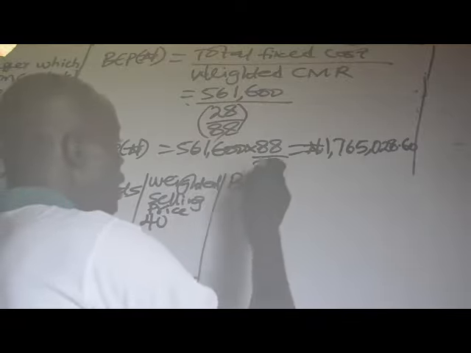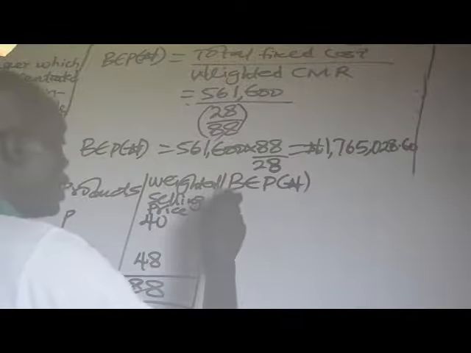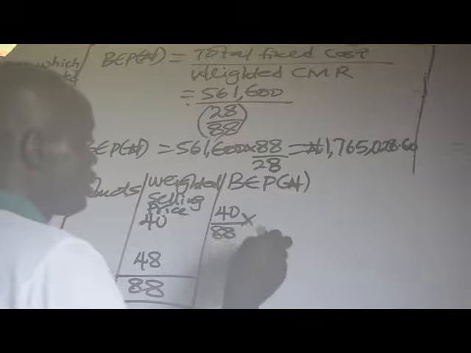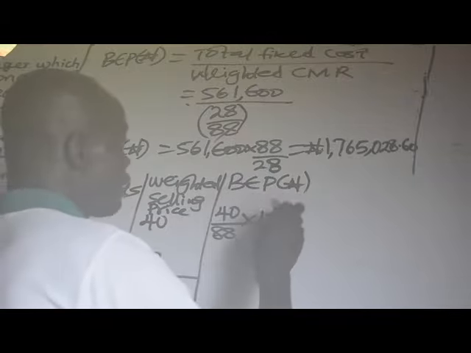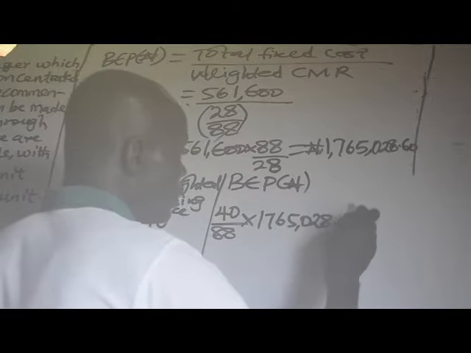We now apportion the BP Naira based on the weighted selling price. So BP in Naira for product P, we have 40 over 88 times 1,765,028.60.